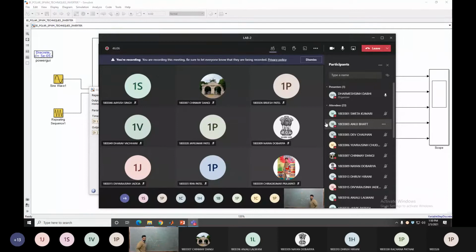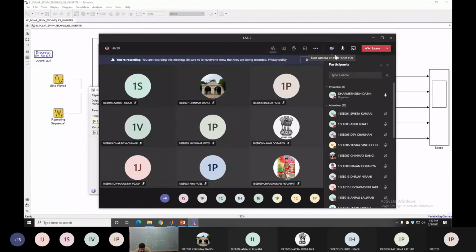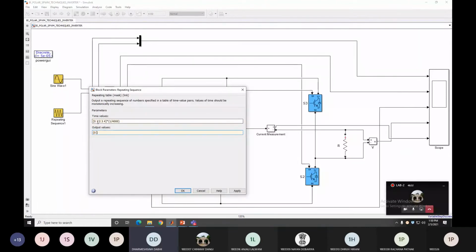You see that in the sine wave block, we take the amplitude 9.5. Please remember that Vm must be less than the peak of the carrier signal Vc. So here we take the carrier peak as 10, more than the peak of the reference signal. Clear? That's why we set this value in this block as 10.